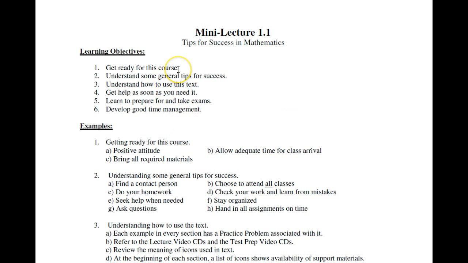So, getting ready for the course, understanding some general tips for success, understanding how to use the textbook, which is the online textbook, get help as soon as you need it, learn to prepare for and take exams, develop good time management. So these are some general objectives that we will elucidate on.